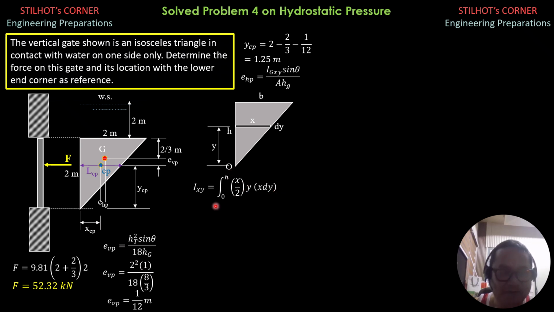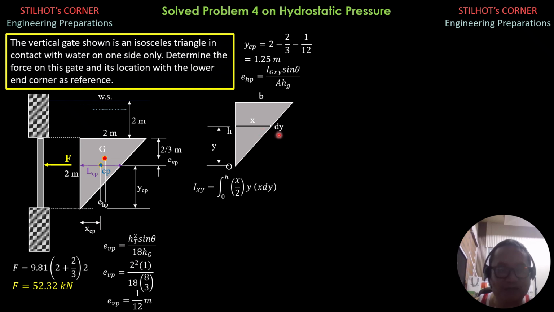The general formula is the integral of xy dA, where x is the x-coordinate of the centroid of the differential element, in this case x over 2. Y is the y-coordinate of the centroid of the differential element, which is just y. And the differential area of the rectangular strip is simply x dy.